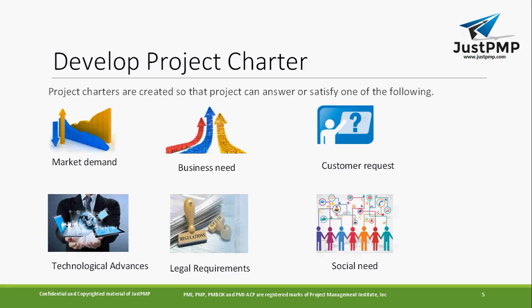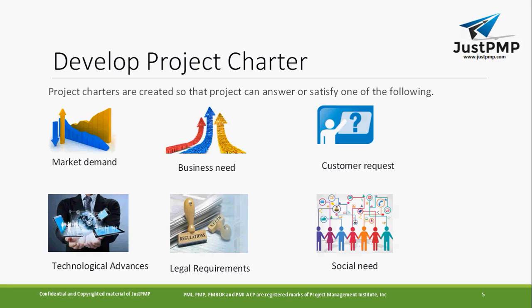Technological advances: previously something on the hardware side or maybe software side. As per the market trends, things started improving, so you're going to work on a project which works on the technological advances. Legal requirement: if you have government rules and regulations, and a new regulation comes, you can have new projects in that area.